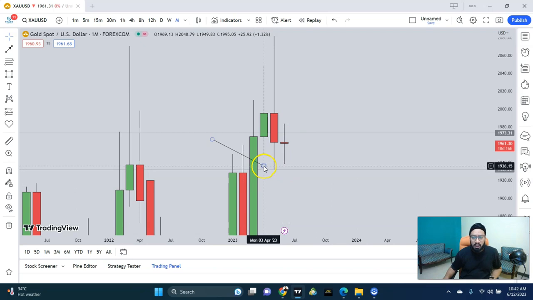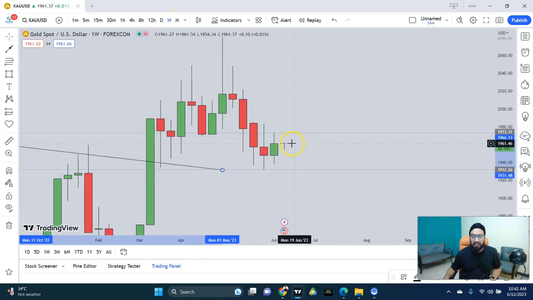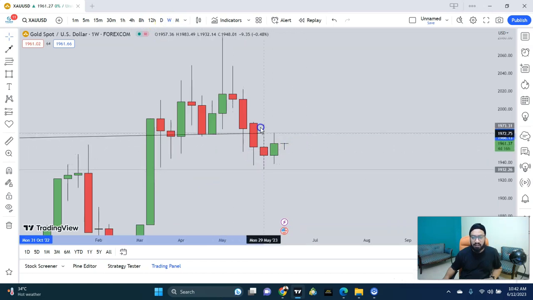Right now this low is respected. Price came to the 1937.71 region, the 1938 region. This low has been respected. So if we again go to the weekly, we can expect this range to be filled.